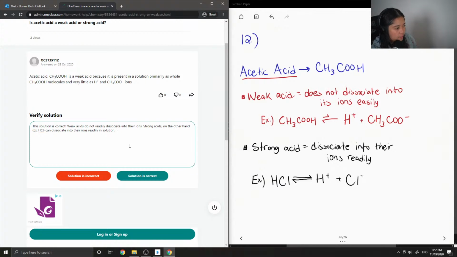Weak acids do not readily dissociate into their ions. Strong acids, on the other hand, such as HCl, can dissociate into their ions readily in solution.